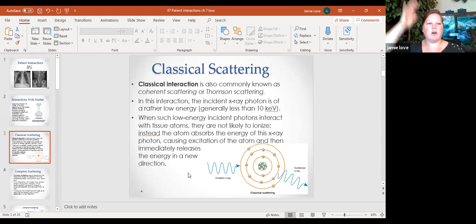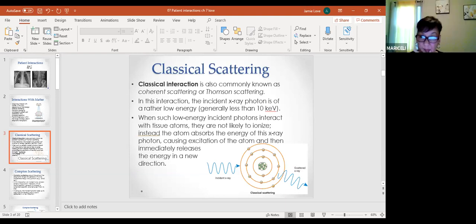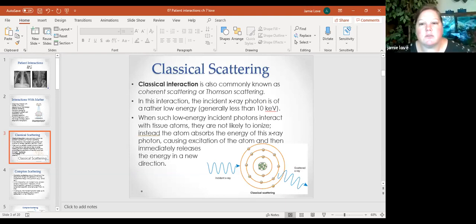So those very low energy X-rays, those 0 to 10 keV, don't even make it out of the X-ray tube. They're in the primary beam, possibly, but we catch them before they come out of the tube if they're made in the interactions of our photoelectric, our Bremsstrahlung, our characteristic. So if the tube makes very low energy X-rays, we try to catch them in that filtration.